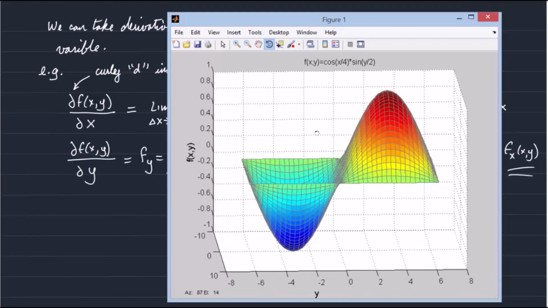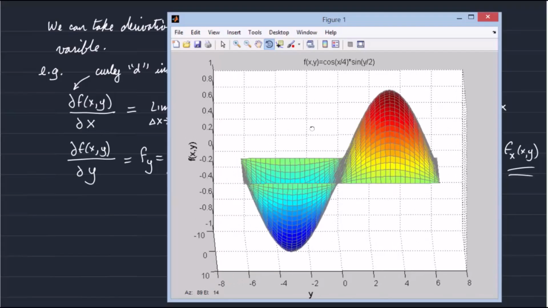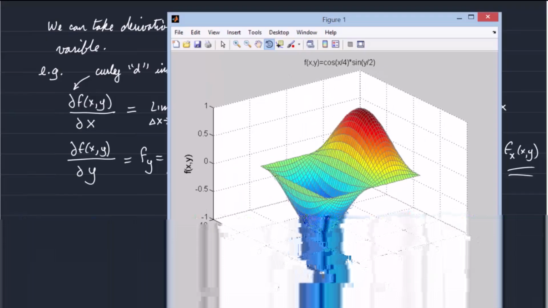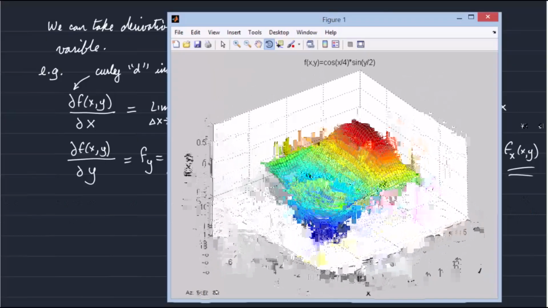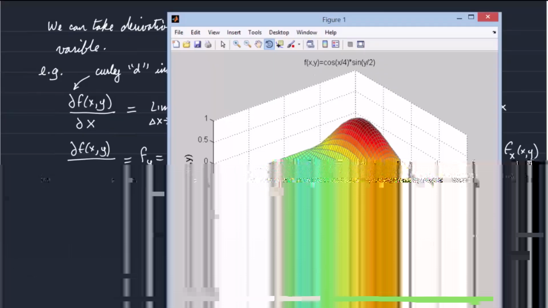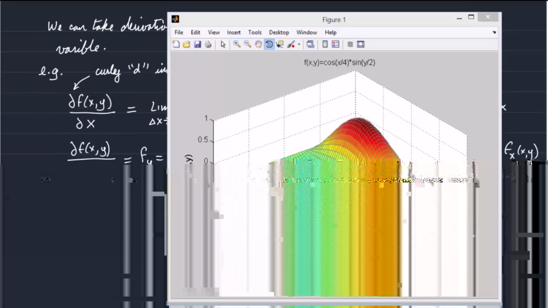So it's varying in y as a full sine function, and the wavelength of the cosine function is twice that of the sine function. Okay, and so you can imagine looking at how the function varies in one dimension. So this is how the function varies with x at a y value of 1.6. That's what this line shows.